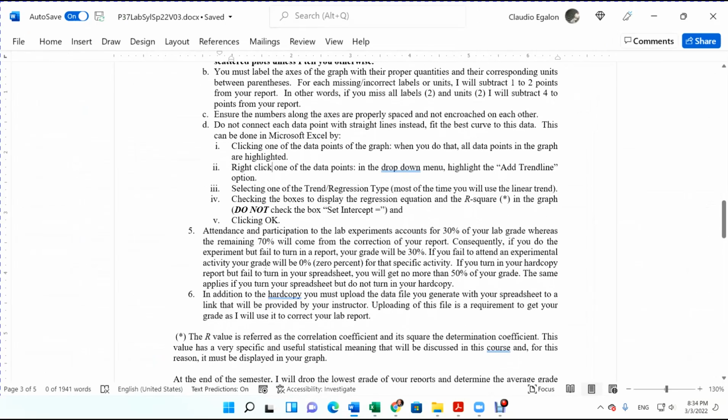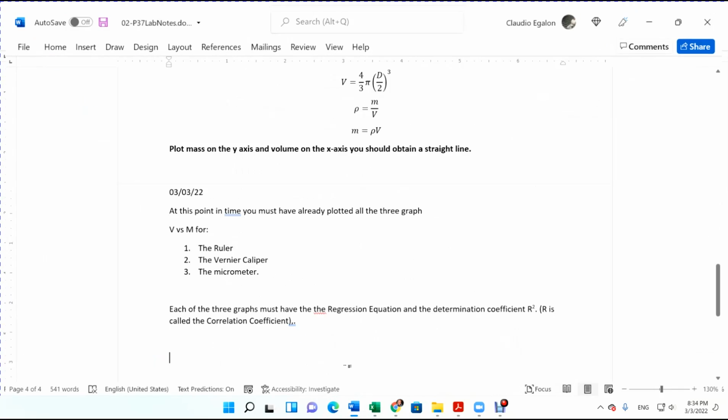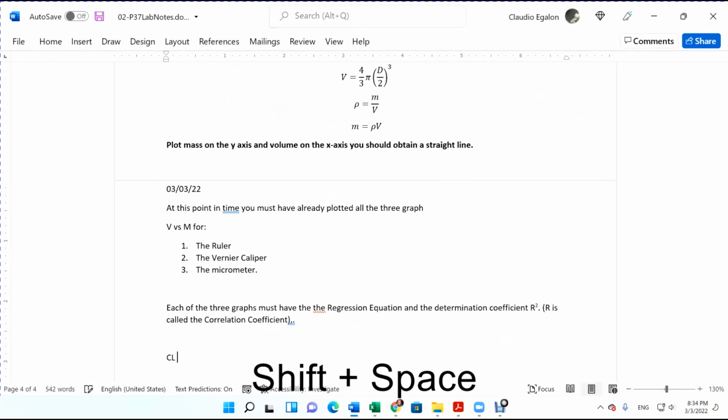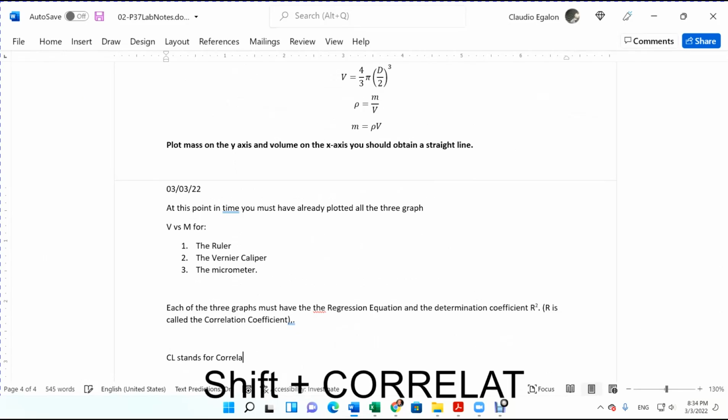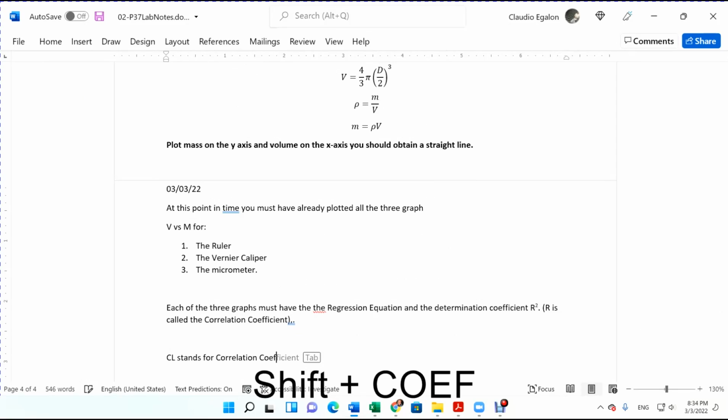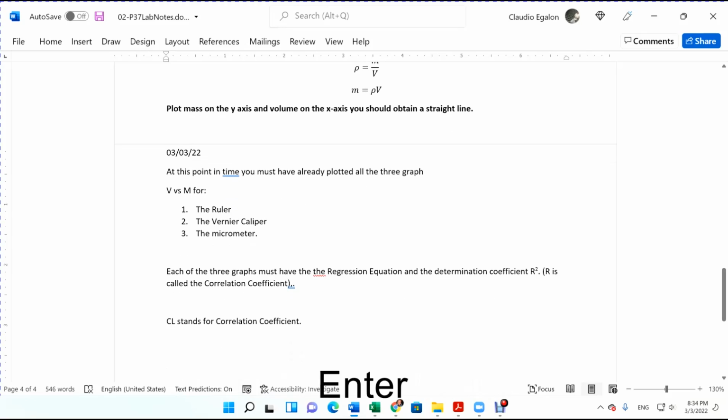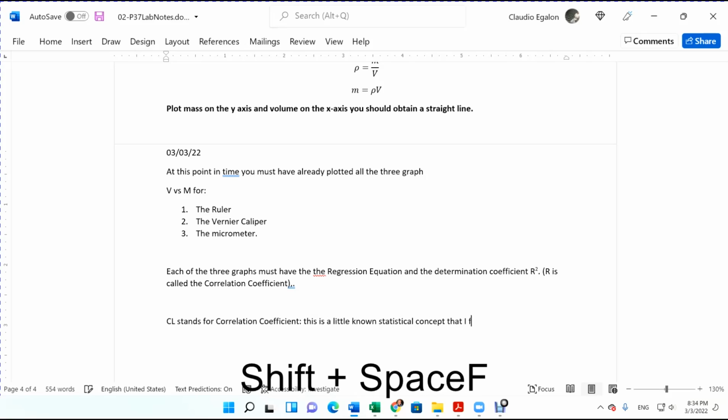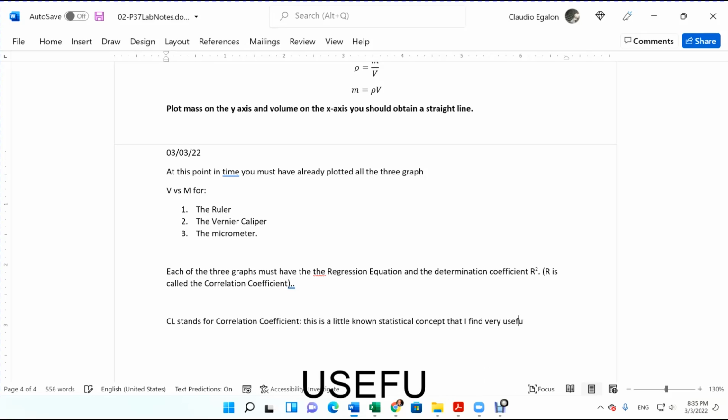CL stands for correlation coefficient. This is a little non-statistical concept that I find very useful. If you took a course on statistics, you should have learned about the correlation coefficient.